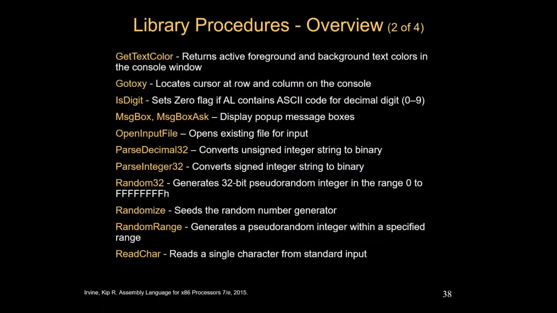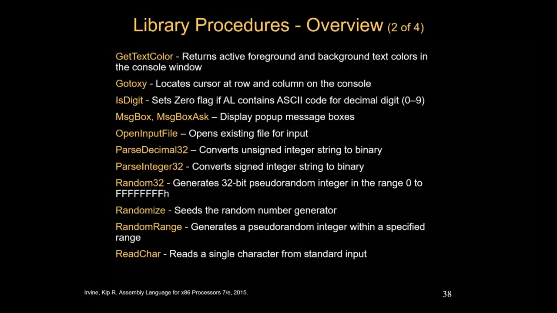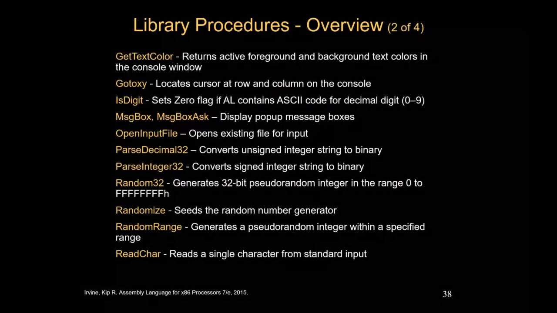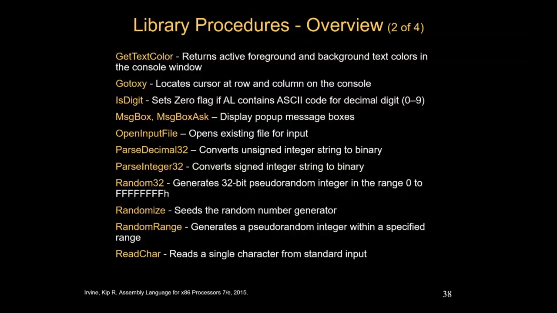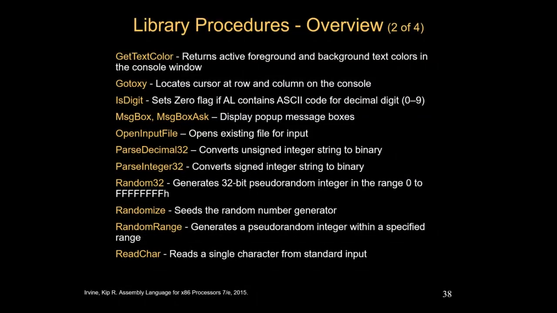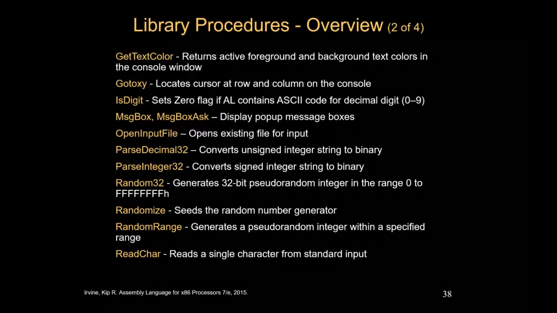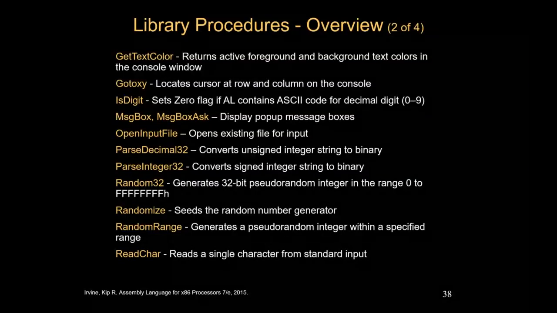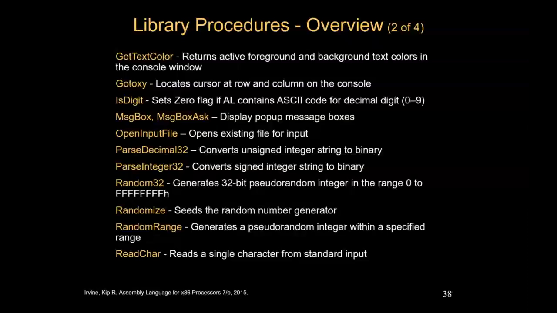And then we have the OpenInputFile, which opens an existing file for input. The ParseDecimal32 converts an unsigned integer string to binary. And ParseInteger32 converts signed integer strings to binary.